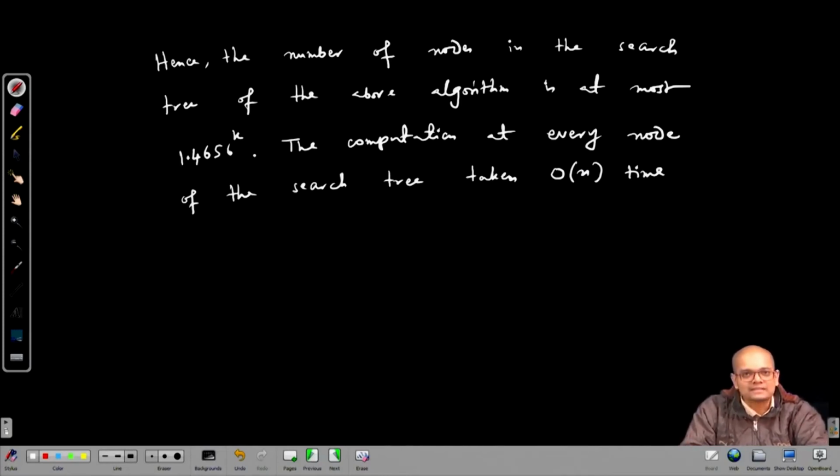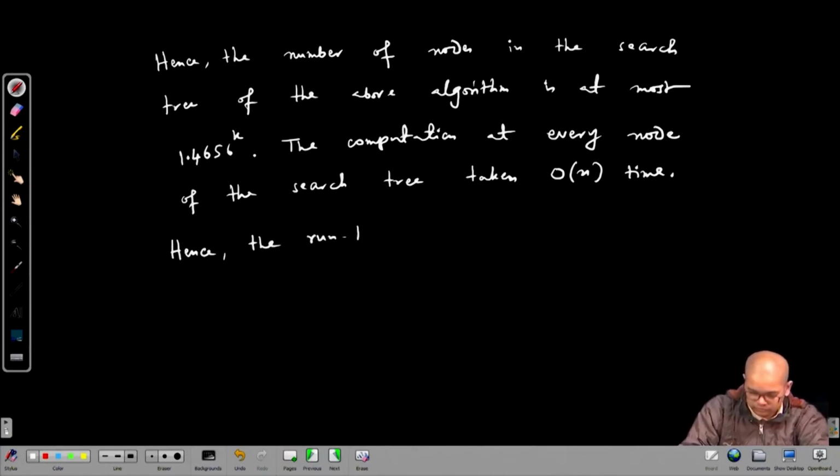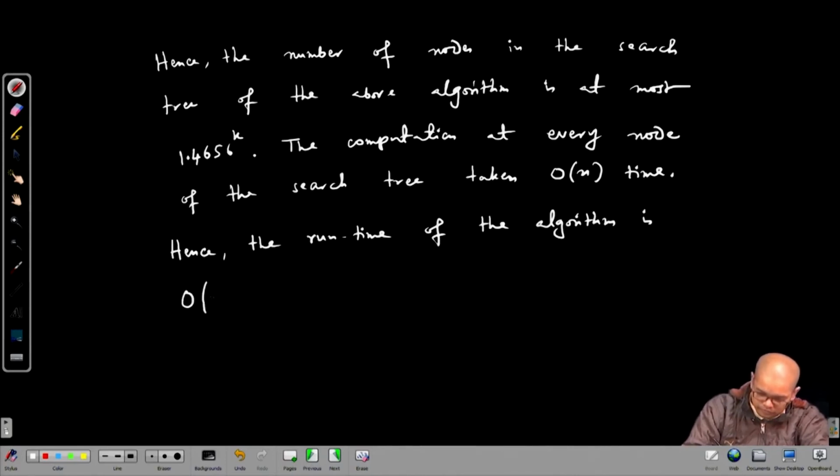So order n plus m is order n only. So computation at every node takes order n time. Hence the runtime of the algorithm is big O of 1.4656 to the power k times n.